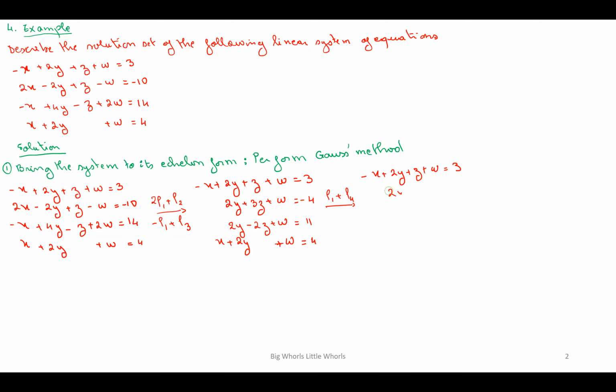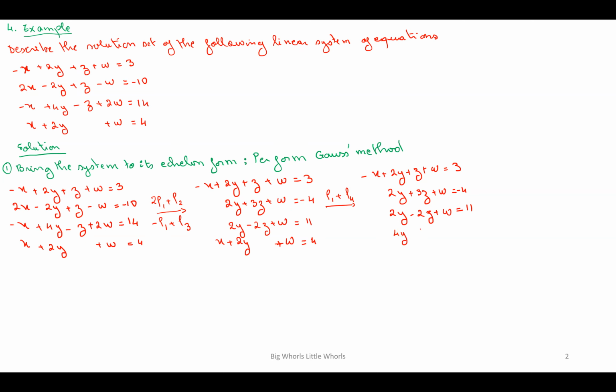I have 2y plus 3z plus w equals minus 4, and 2y minus 2z plus w equals 11. And here, so we are left with, what do we have here? We have 2 plus 2 is 4y.